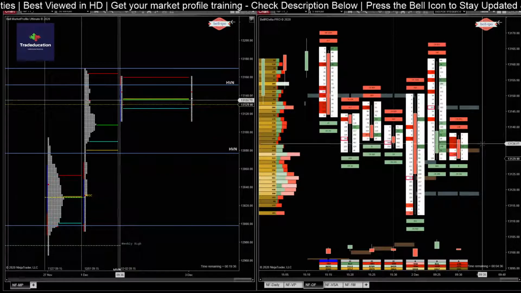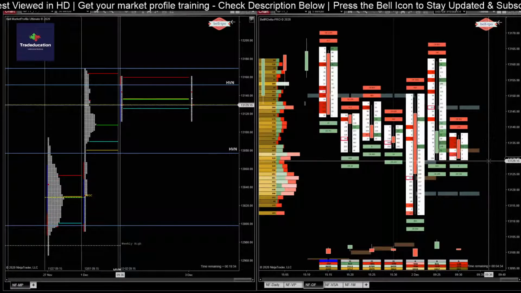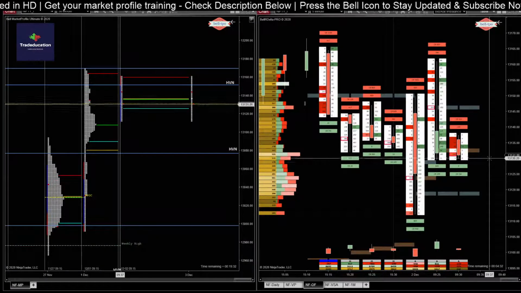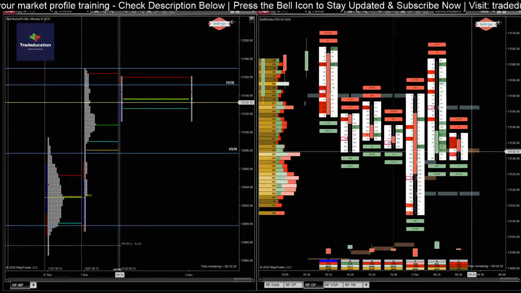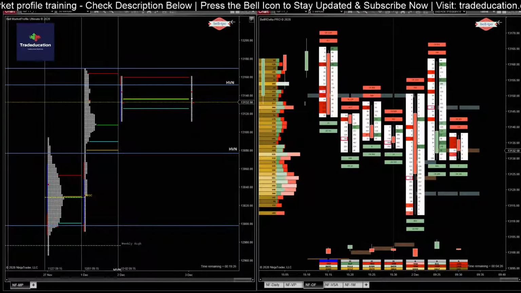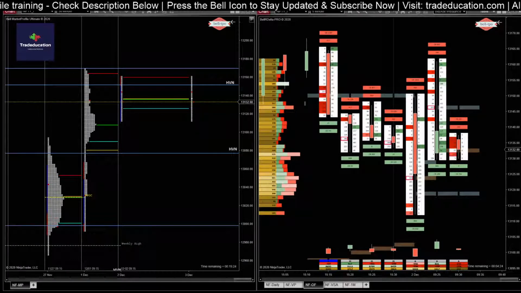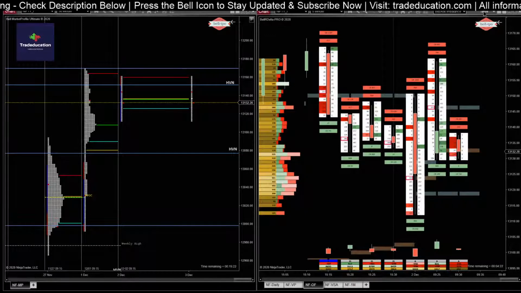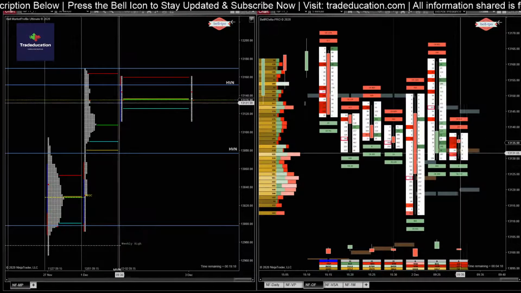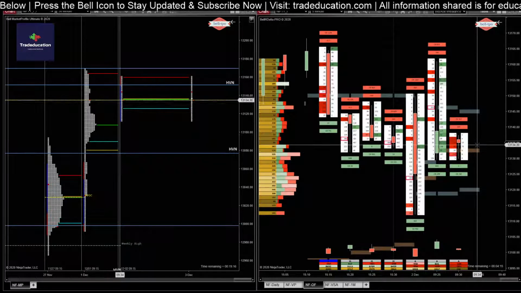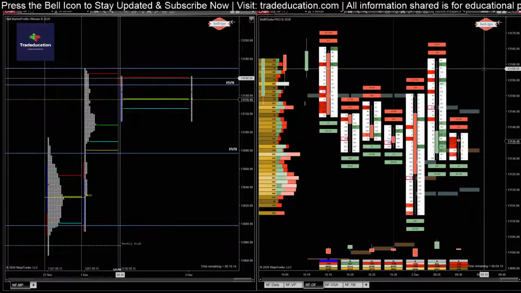Okay, so sellers are coming in. This auction shouldn't close below VWAP. Okay, some sort of rejection seen around VWAP, and I'm expecting a push to the upside.